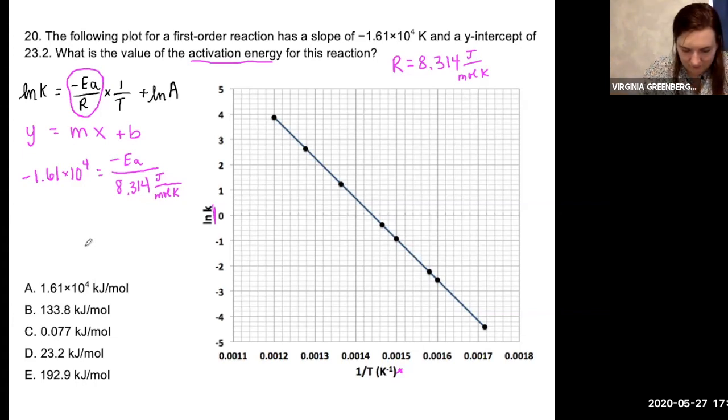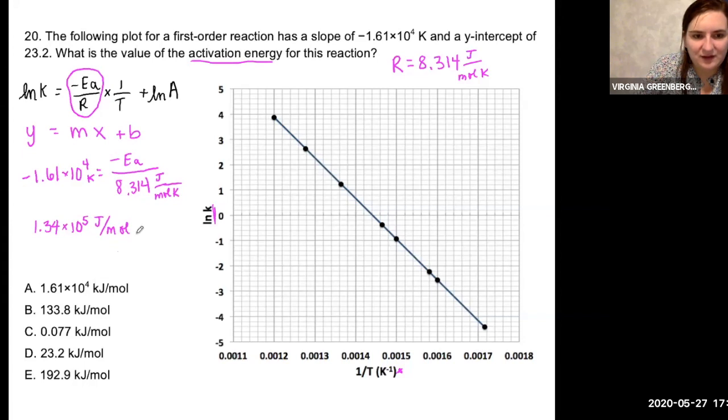Which gives me a value of 1.34 times 10 to the 5th. And maybe you're unsure of what the units are. So this is really in units of Kelvin. The kelvins end up canceling and we end up with joules per mole. So then we can see the answer choices are actually in kilojoules per mole, but that's fine.